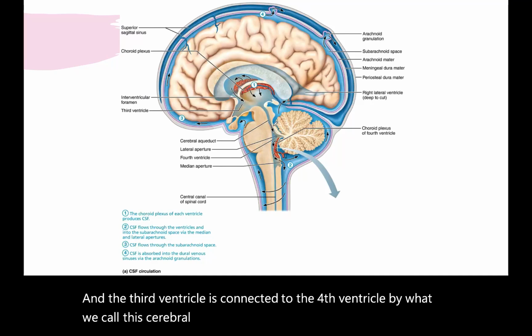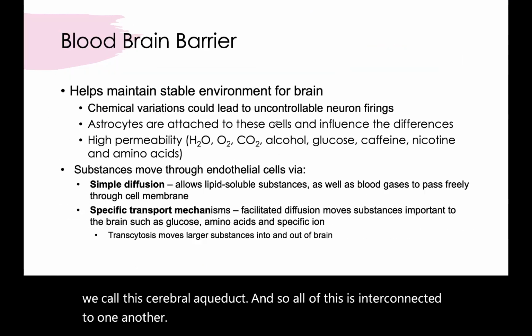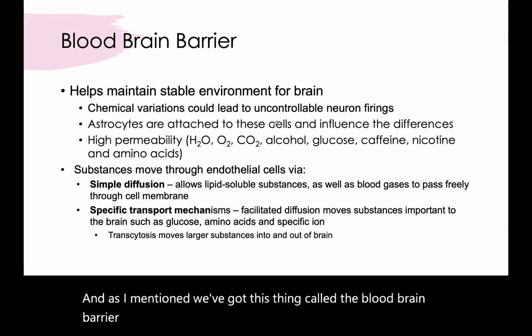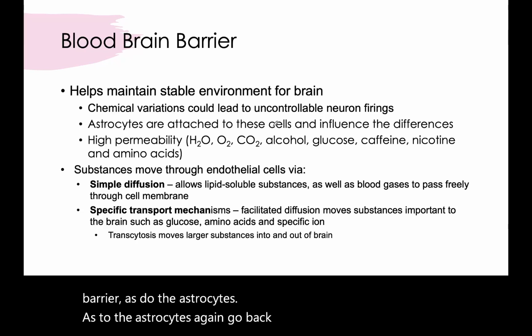And so all of this is interconnected to one another. And as I mentioned, we've got this thing called a blood-brain barrier, and the ependymal cells help to form this blood-brain barrier, as do the astrocytes. Again, go back to video 1 of our look at the nervous system.